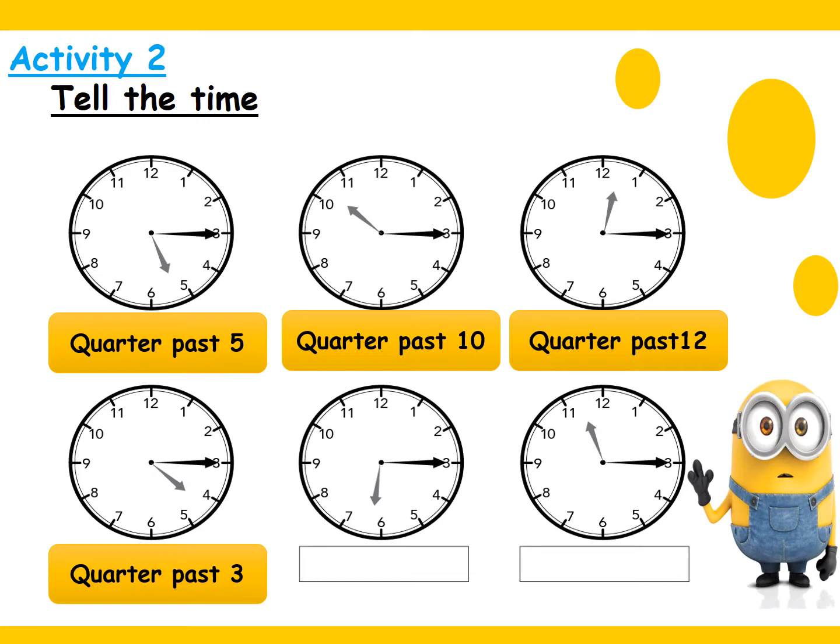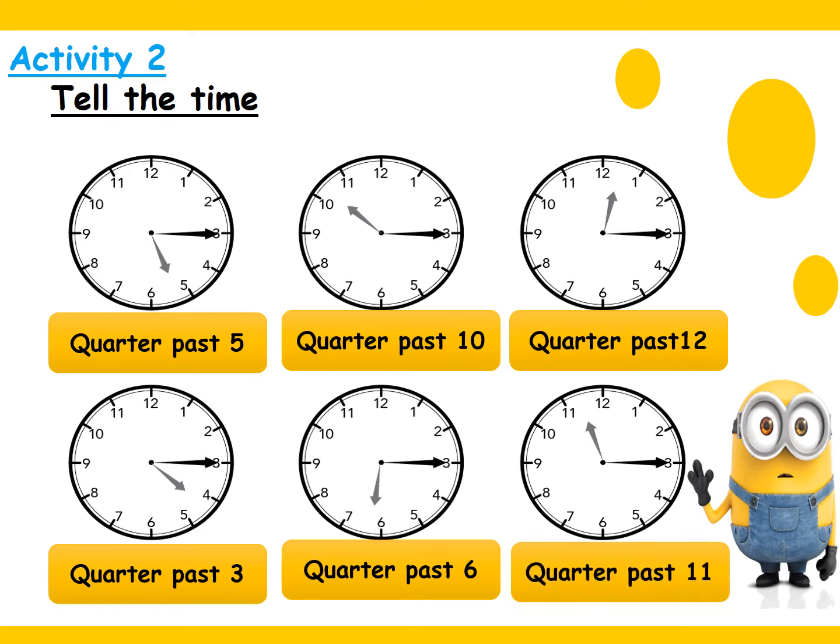Okay, the next one, it's quarter past 6, because the short hand is on 6. And here it's quarter past 11. Here is the time when the long hand is on 3. We say quarter past and tell the time which the short hand tells us.